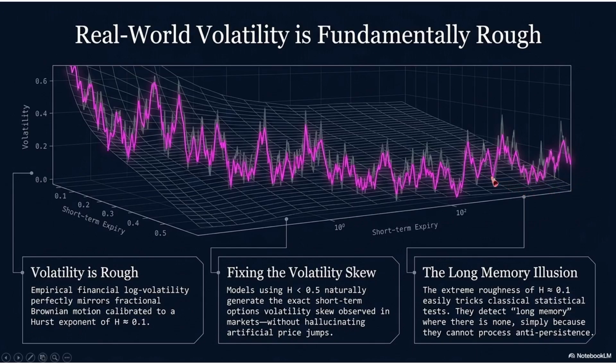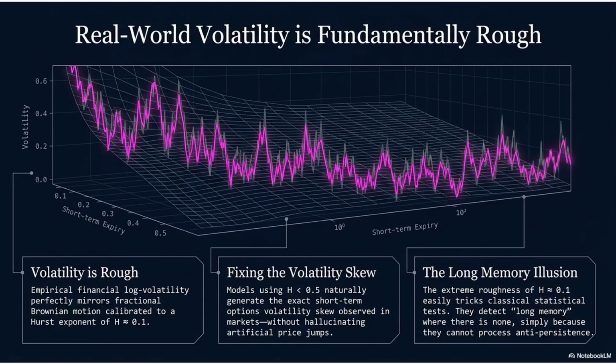By embracing this roughness, modern models can naturally generate the exact short-term options volatility skew we observe in live markets. And they do it without having to hallucinate artificial price jumps, which classical models are forced to do.